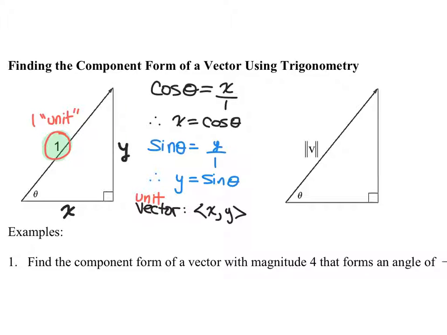If that one unit would be the hypotenuse of the unit circle, then that one unit would be associated with a vector known as the unit vector. Still with dimensions x and y, but x is specifically going to be cosine of theta, and y is going to be equal to the sine of theta.